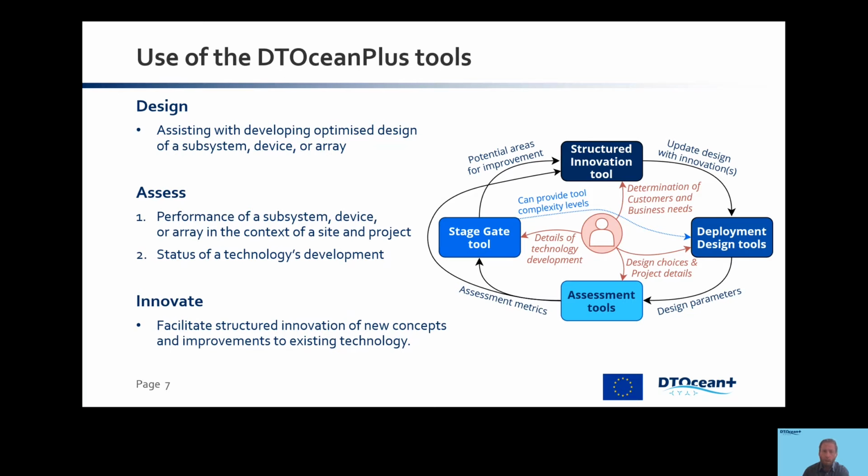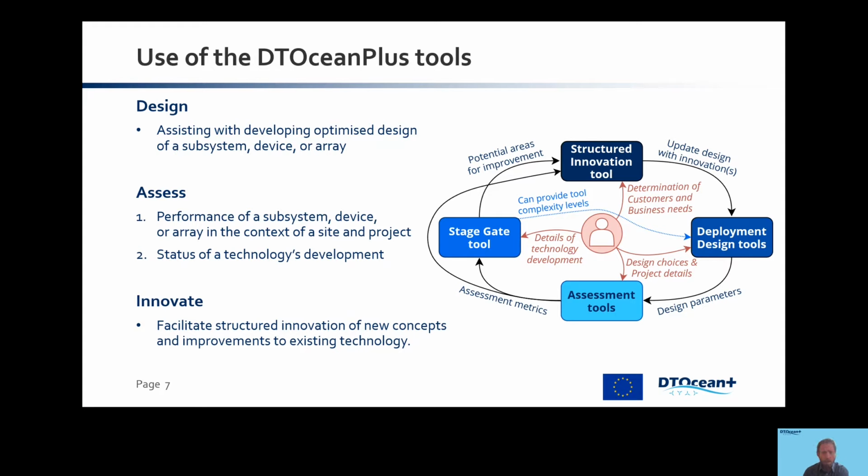The DTOceanPlus tools can be split into three main areas: design, assess, and innovate. For design, the user can use the deployment design tools to assist with optimized design of projects of individual devices or arrays.